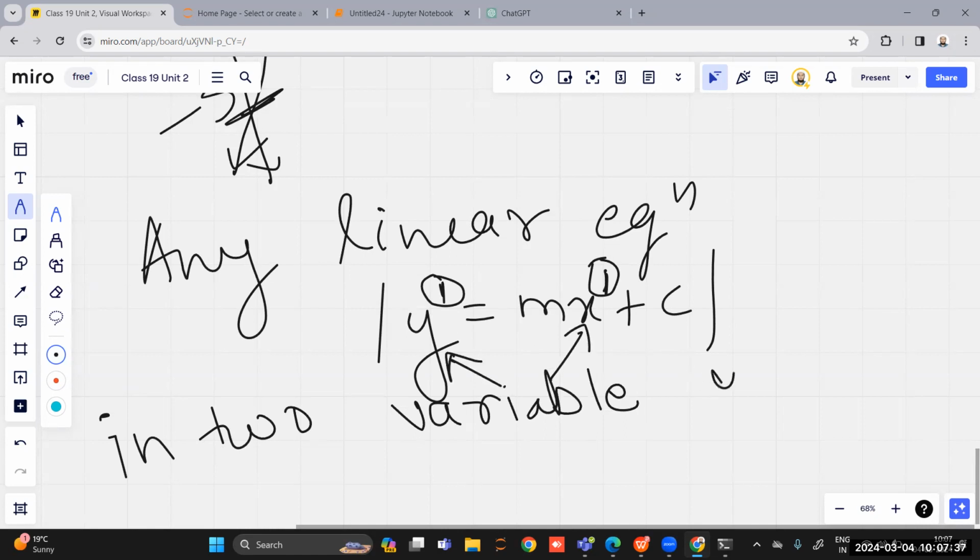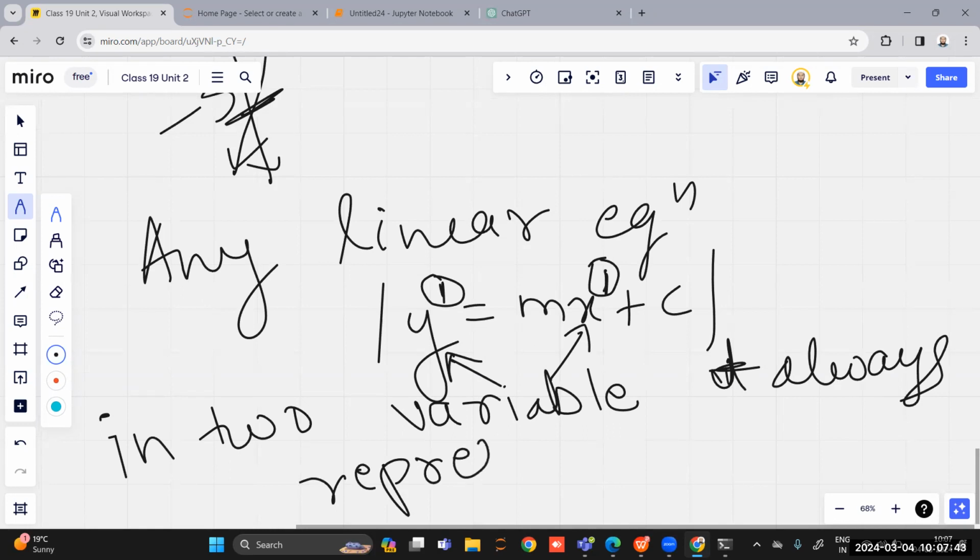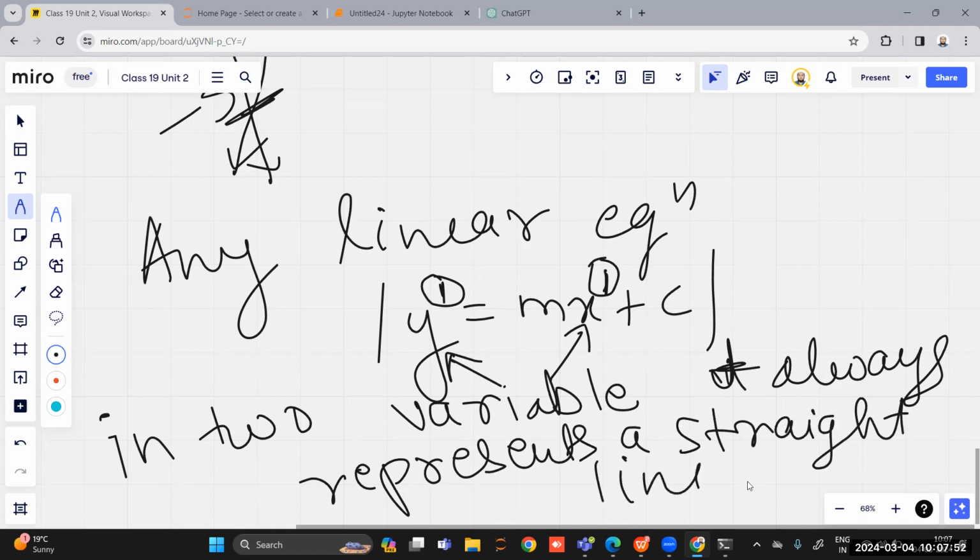It always represents a straight line. y equals mx plus c will always represent a straight line.